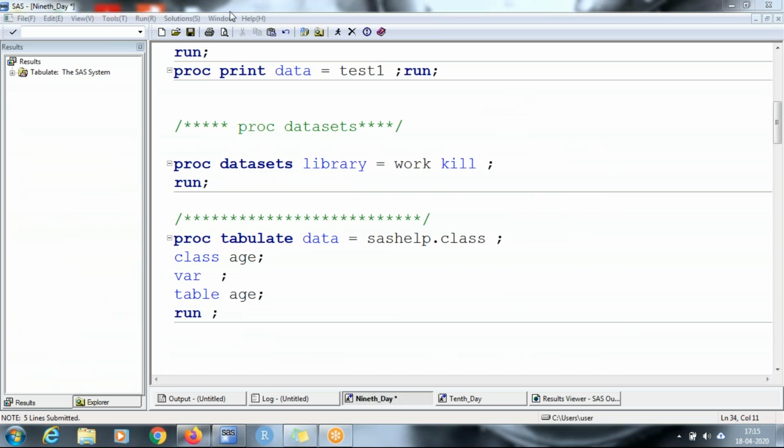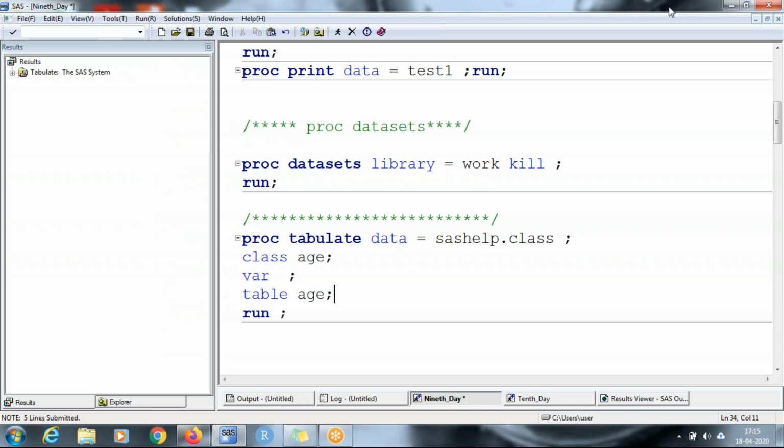Similarly, in our case also, by default, analysis of a categorical variable would be count.